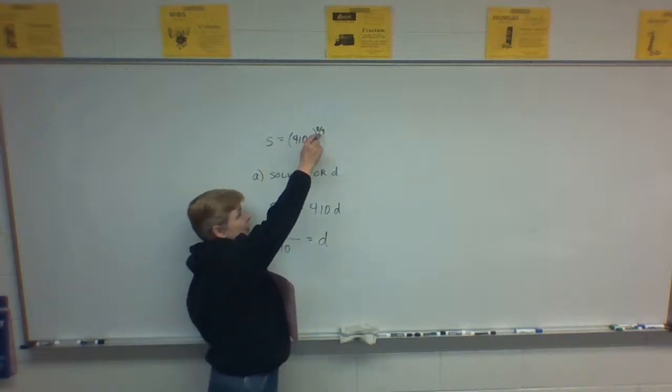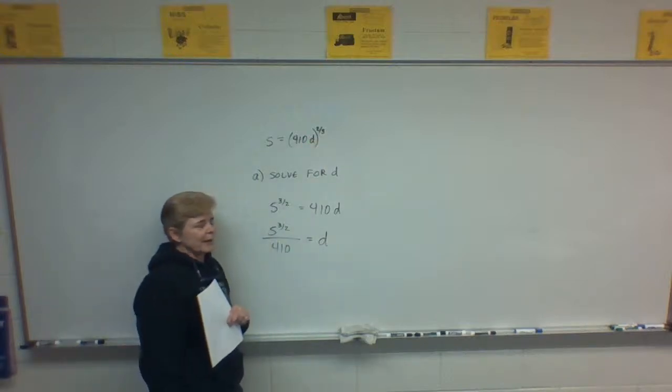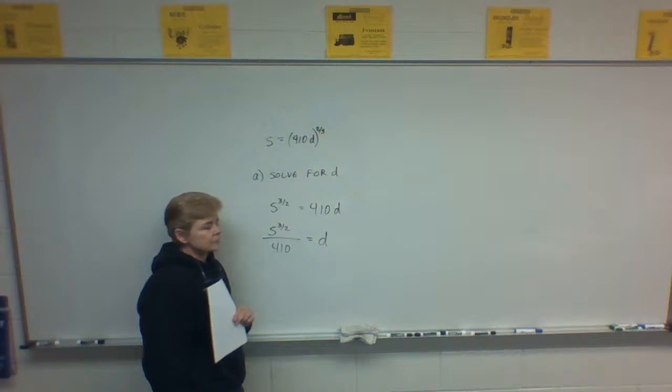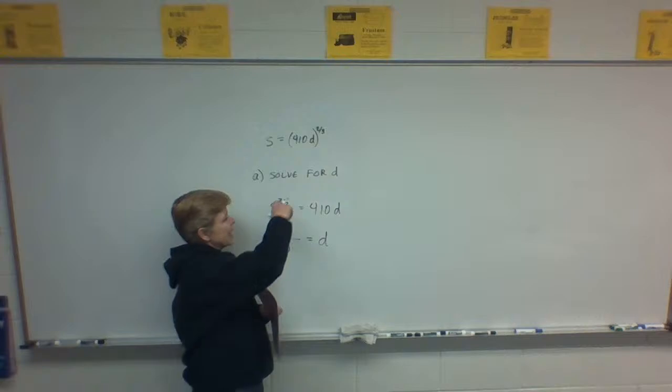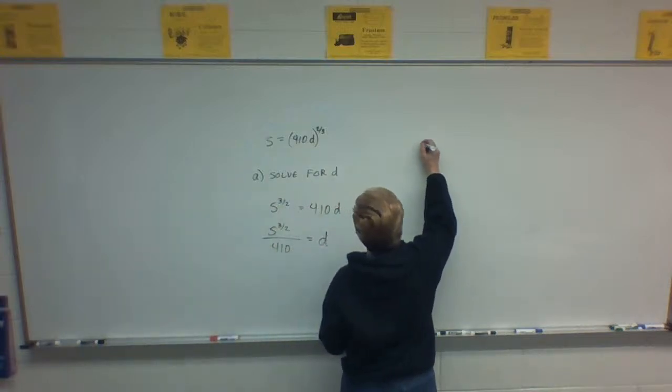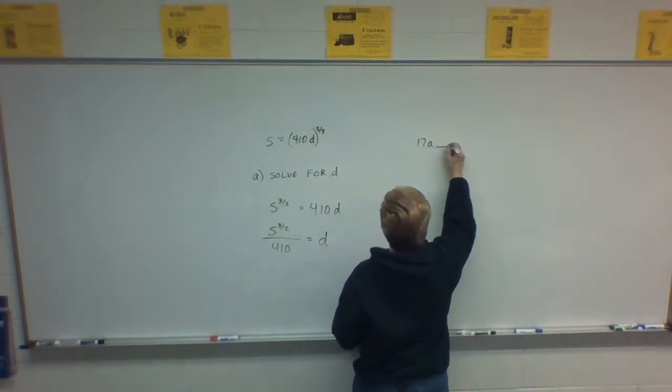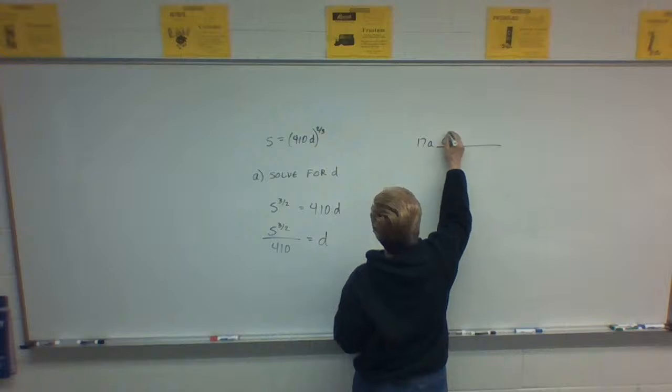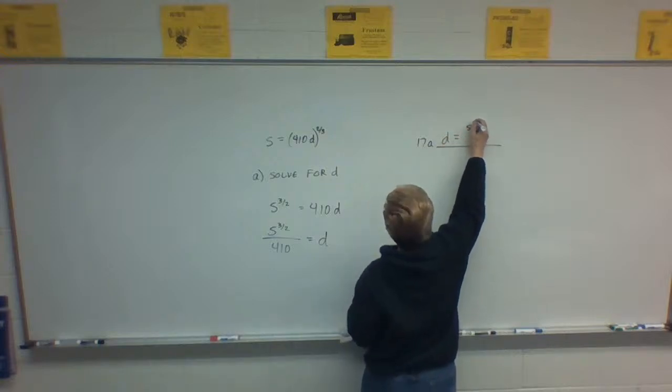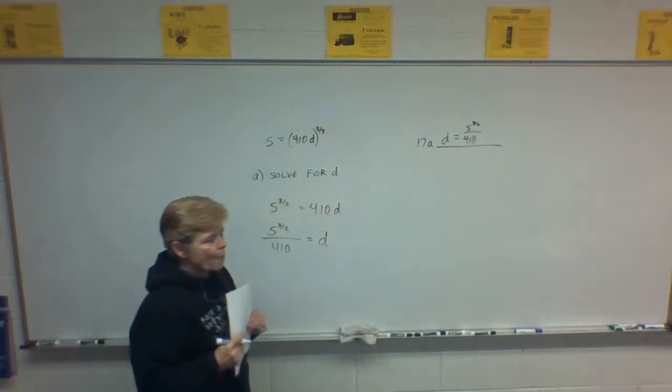And to do that, you got to get rid of the 2/3 first by multiplying or by powering to its reciprocal so it turns into a 1. Y'all follow me there? Thought I said the wrong thing, but I didn't. So the A part of this and the answer blank over here, so 17, and we'll say A, you will write D equals S to the 3/2 over 410. Okay?